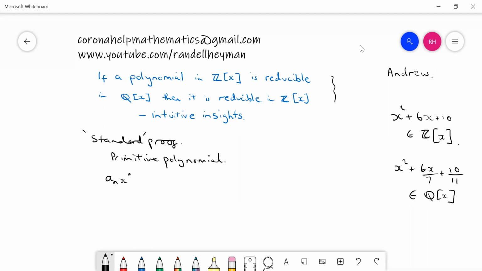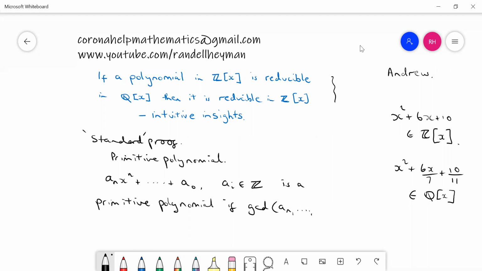That's if we've got some polynomial that goes down to A0, where all the coefficients are integers, then this polynomial is a primitive polynomial if the GCD of An down to A0, of all the coefficients, is equal to 1.